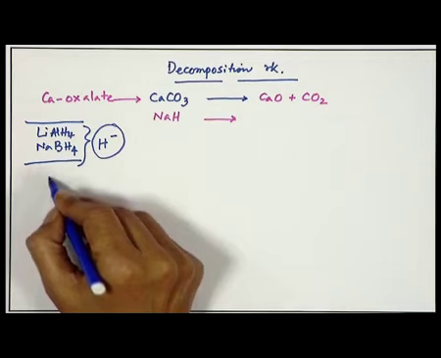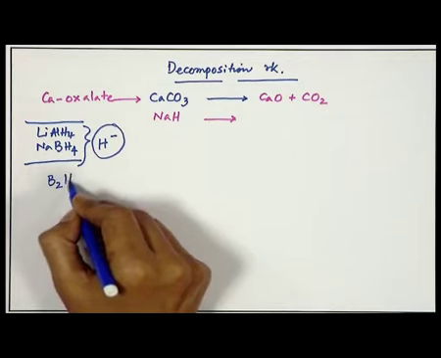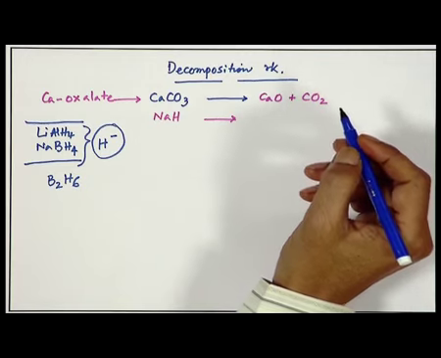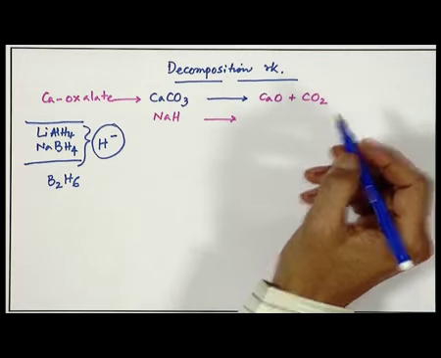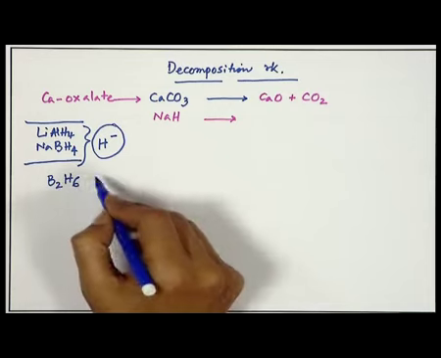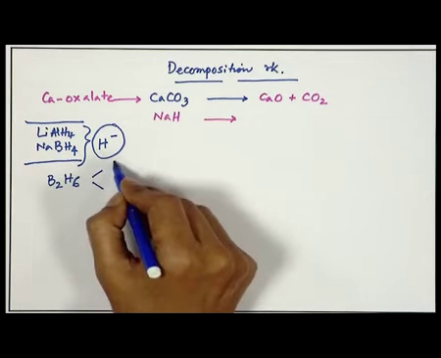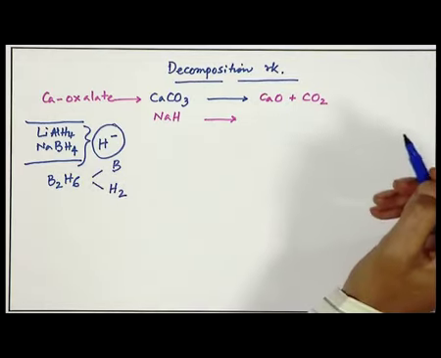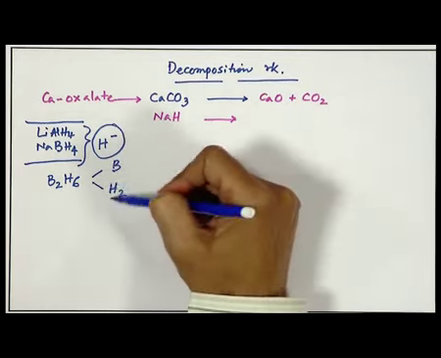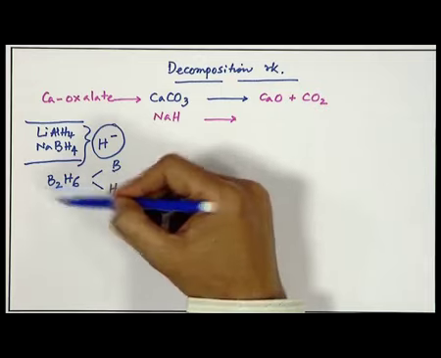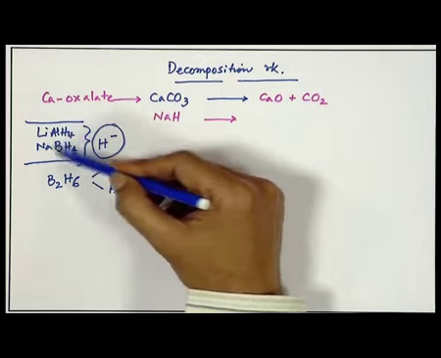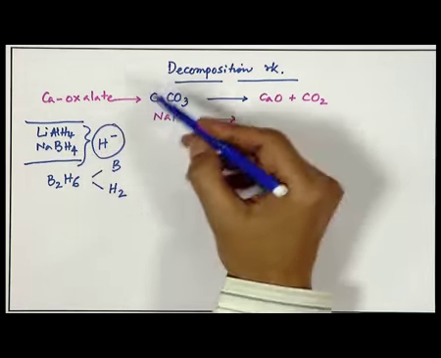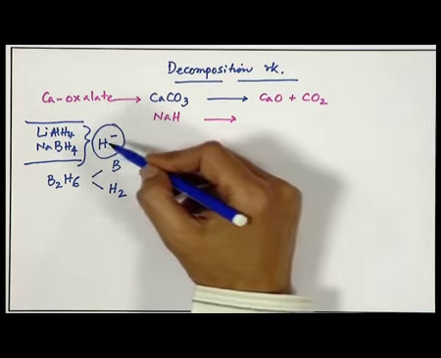Similarly, the thermal stability of some compounds like the diboron compound B2H6. If that particular one is not thermally stable, it can simply go to elemental boron and hydrogen gas itself. Similarly, this is another boron hydrogen compound, but these are all aluminum hydride and boron hydride compounds which we get there as a hydride ion.